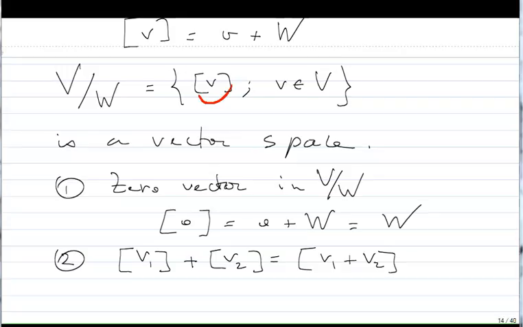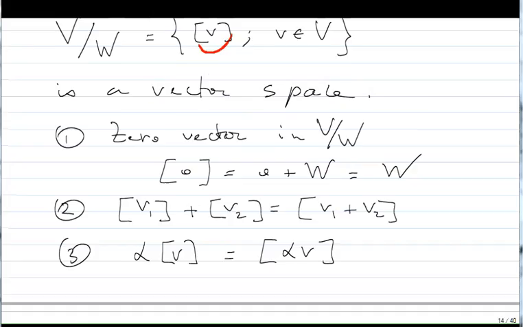If W is not a subspace of V, this will not be a nice operation. You can define it, but it's not a nice operation. And third, alpha times the class of v is just the class of alpha v, and with these operations, the quotient space is a vector space.